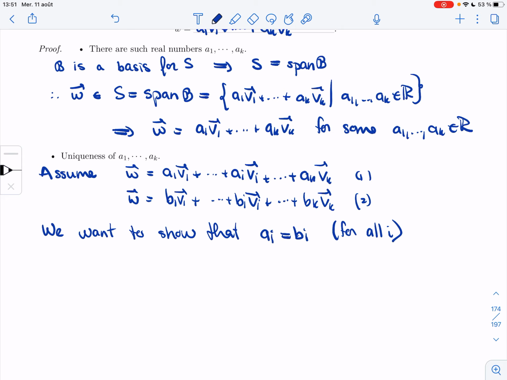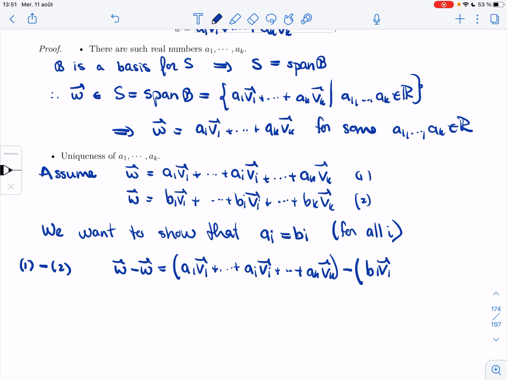All right, so what I'll do is I'll take equation 1 and subtract equation 2 from it. So I'm taking this minus this one. On the left, I'm going to get W minus W. On the right, I'm going to get A1 V1, AI VI, AK VK, and I'm going to subtract the ones with the B's.